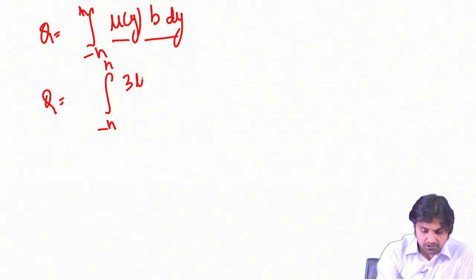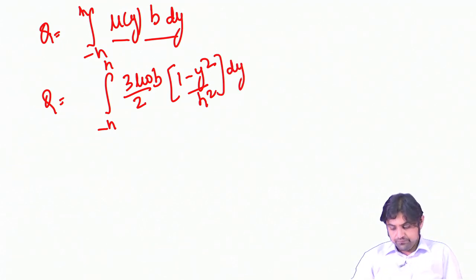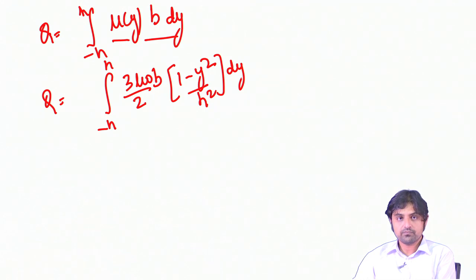Then it becomes 3 u naught by 2 b into (1 minus y square by h square) dy. Now we have to simply integrate it.